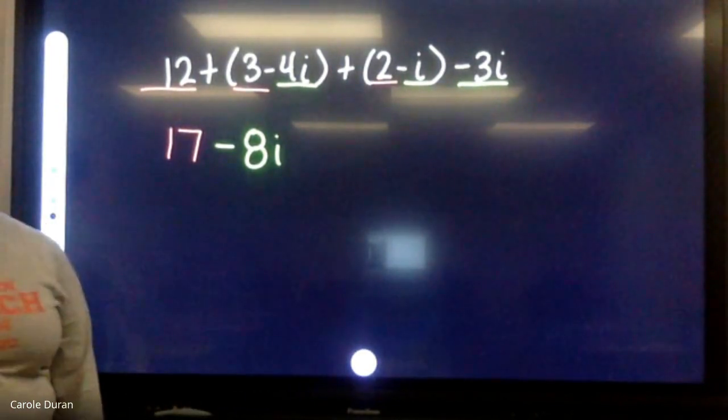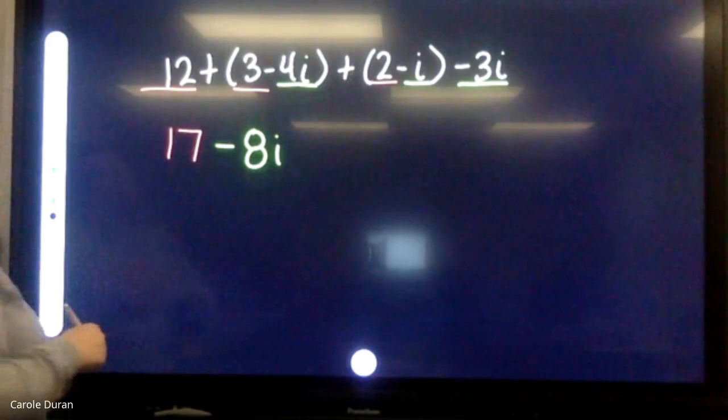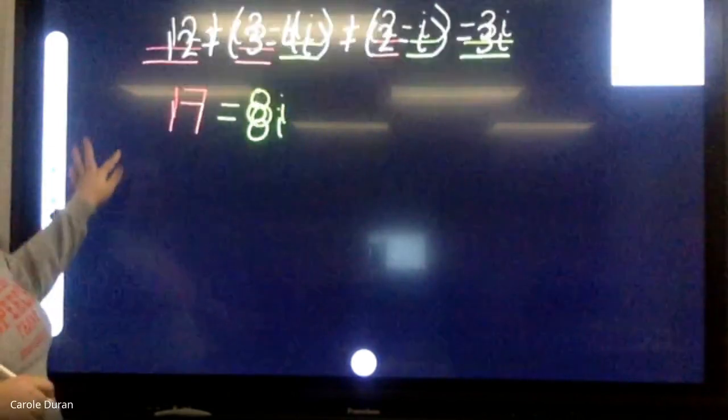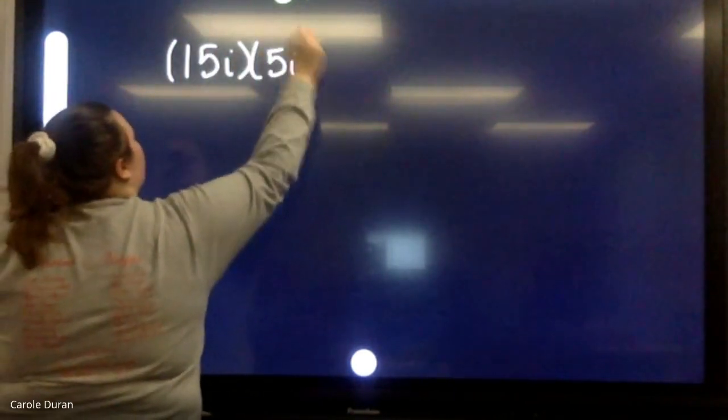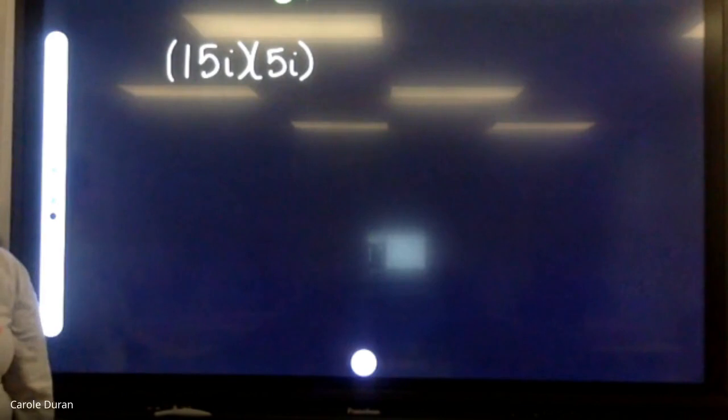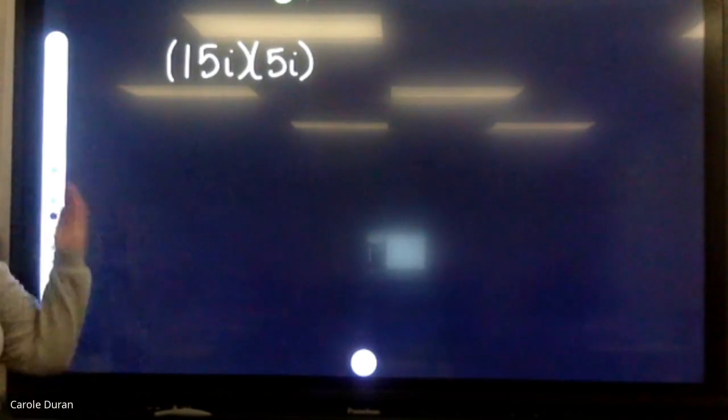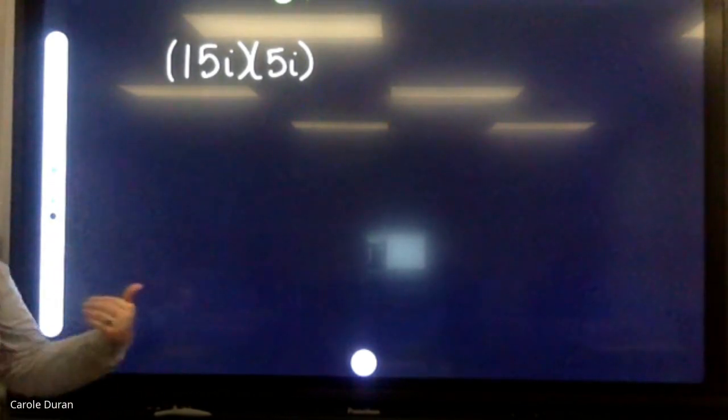Okay, just checking. So now let's multiply some of these together. Let's say that I have, for example, 15i times 5i. When I multiply something like this together, I multiply the numbers and then I multiply the i's.